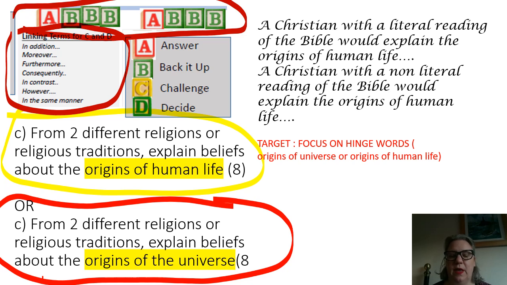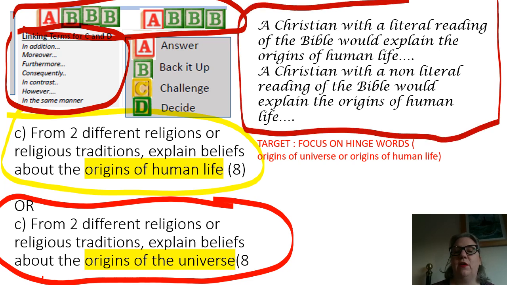Okay. I've then given you, if you need it, over here, your paragraph starters. And notice how the beginning of each paragraph echoes the question, which was explain the origins of human life.